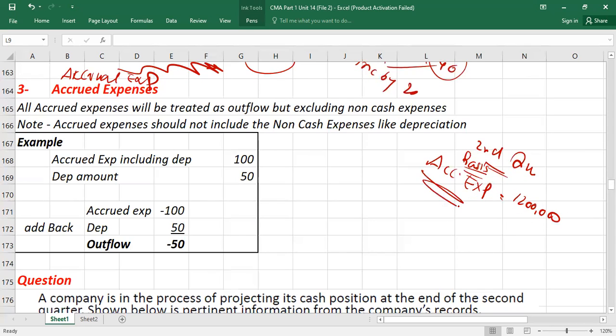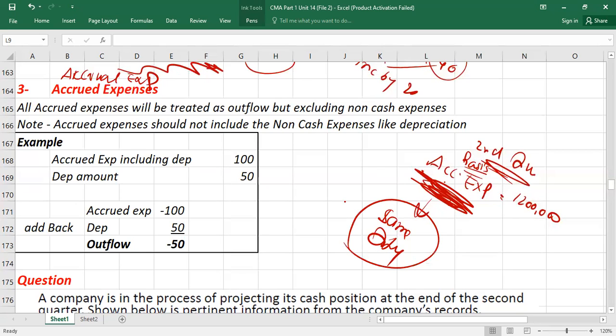We will assume this is the accrual basis expenses for the second quarter. We will assume these expenses have been paid in the same quarter, for your exam. Even though it's written accrued or accrual basis expenses, we will assume it has been paid in the same quarter. So this 1.2 million we will deduct as a cash payment in the quarter if you are preparing quarterly.